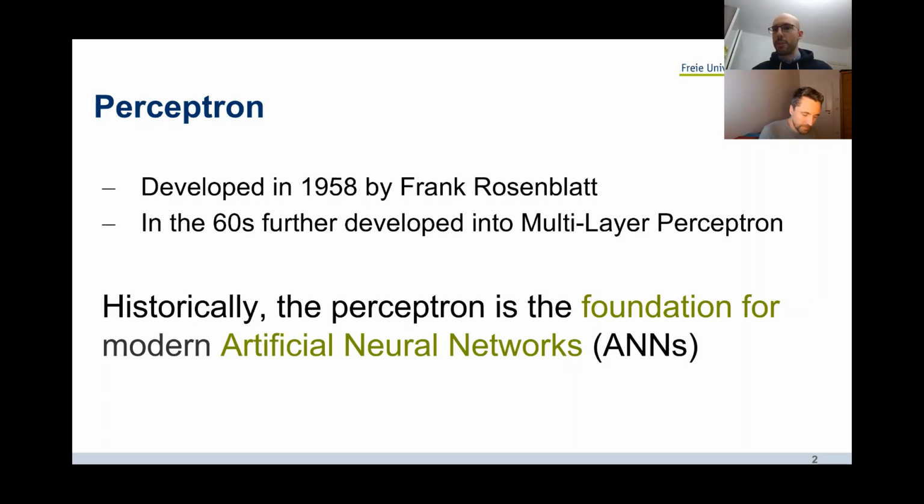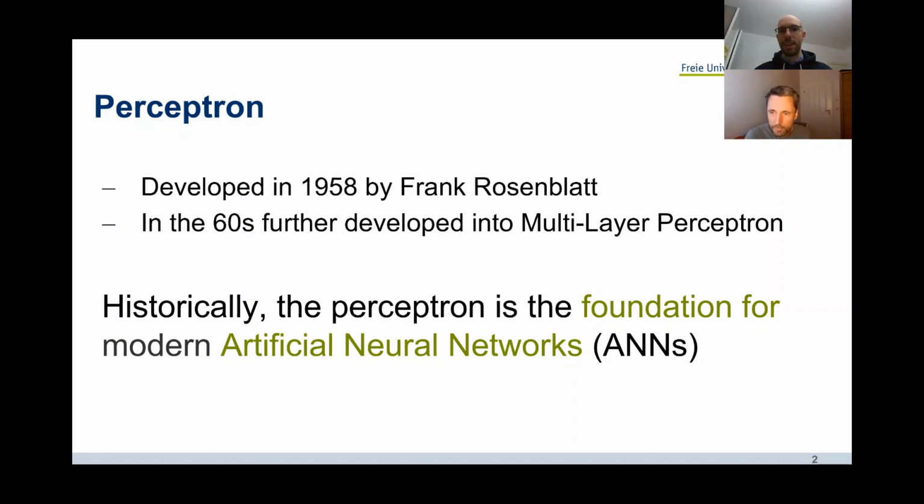What's interesting is that it was developed almost at the same time as logistic regression, and it bears a lot of similarity with it, as you're going to see in a minute. The perceptron was then further developed in the 60s into multi-layer perceptrons, which are the foundation for what we know today as artificial neural networks.